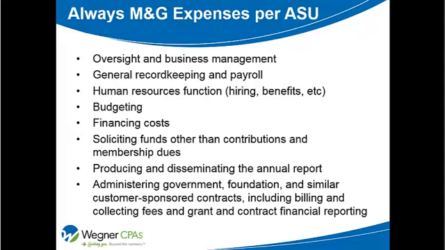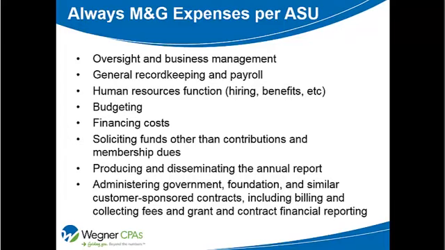Soliciting funds other than contributions and membership dues. So any kind of expenses you have for soliciting those funds belongs under management and general. Producing and disseminating the annual report. And then administering government, foundation, and similar customer-sponsored contracts, including billing and collecting fees and grant and contract financial reporting.